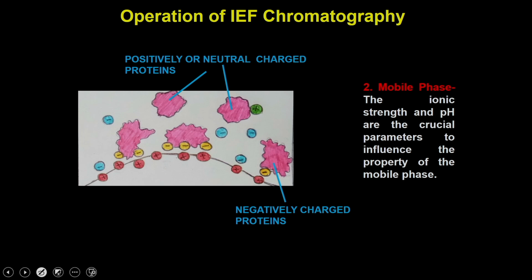Now, you are going to load the proteins to the matrix. So, if you have a mixture of positively charged proteins, negatively charged proteins, or neutral proteins, it is going to flow through the matrix, and as you can see, this matrix has positive charges.